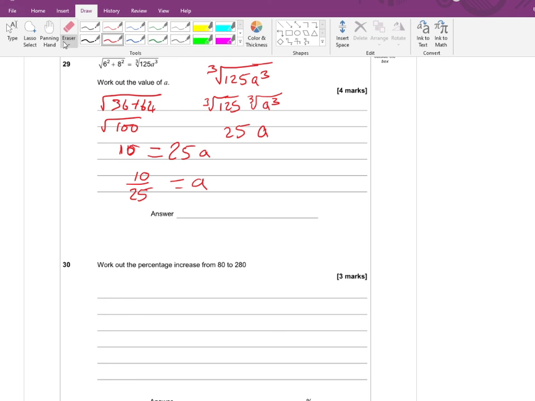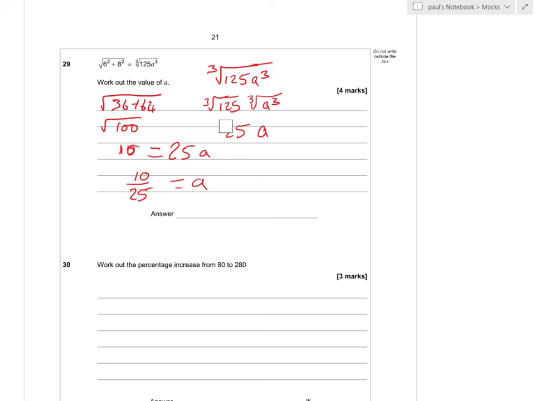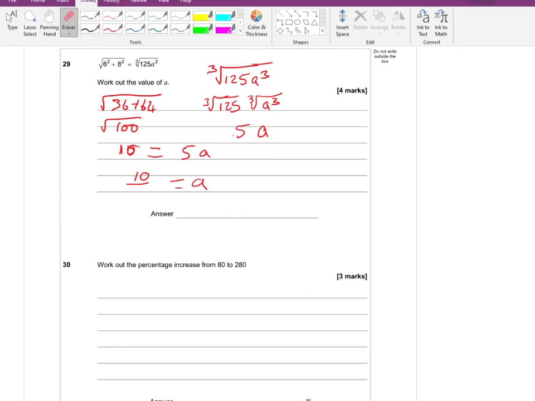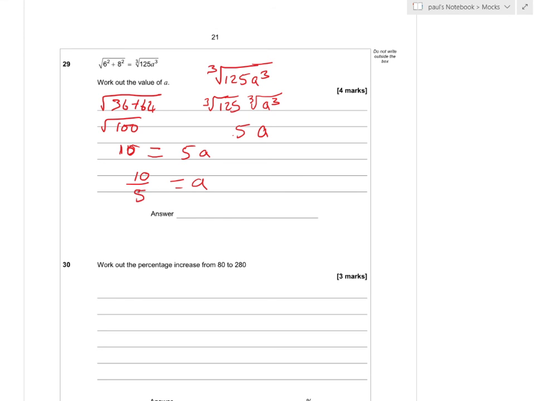Yes, I did do that too quick. The cube root is not 25. The cube root is 5, isn't it? Stupid me. So that's 5, so a equals 2.